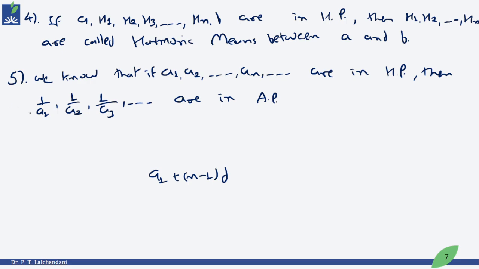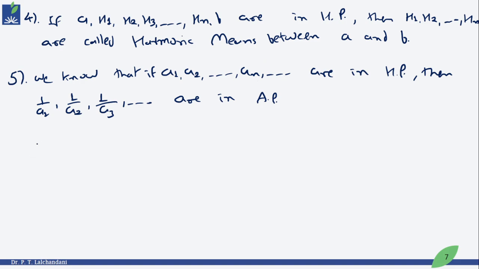So here the first term is 1 upon A1. Suppose that d is the consecutive difference between these terms. So what should be the formula for the nth term of this arithmetic progression? And after that, simplifying that formula for A, you will get the nth term for the harmonic progression.